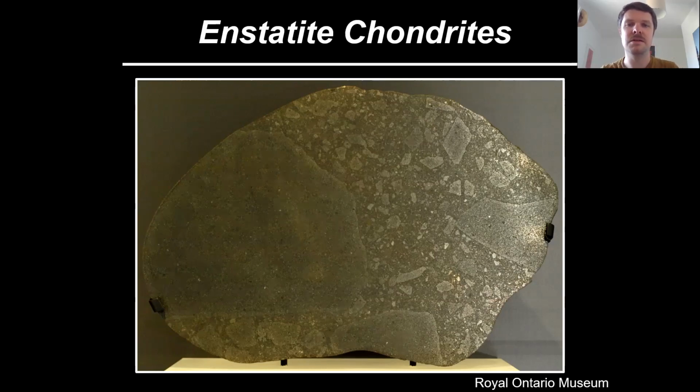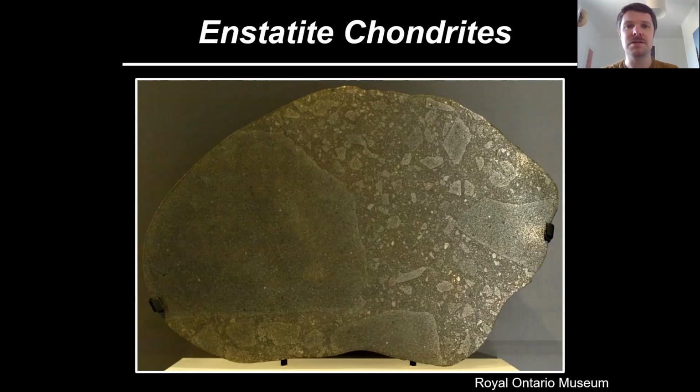There was a mission called Messenger a couple of years ago, a NASA mission that studied the surface of Mercury and what that was made from. It doesn't look too dissimilar to what we see in the enstatite chondrites. And so this has led to the idea that the enstatite chondrites probably come from asteroids that formed really close to the sun. So they're samples of really the inner parts of the solar system.